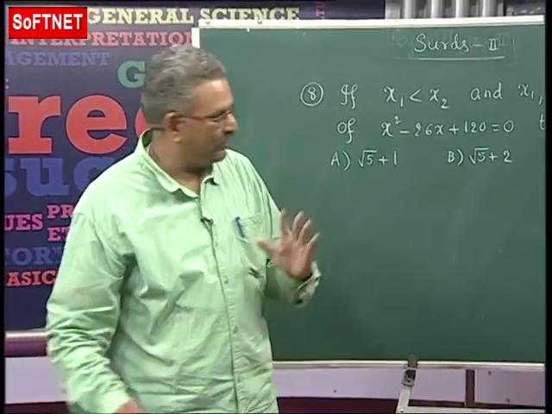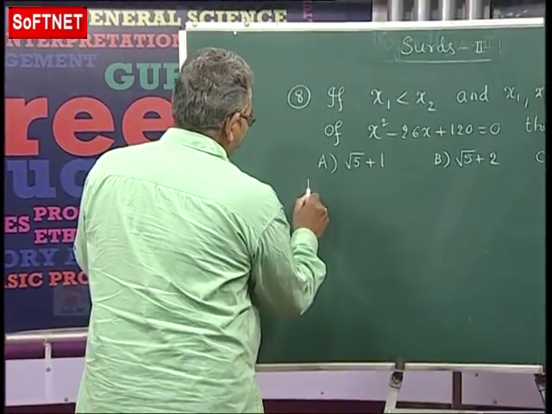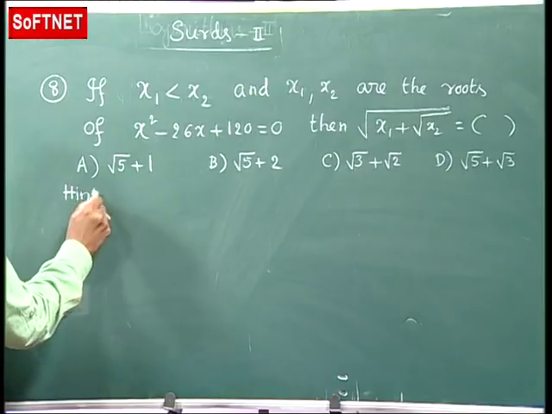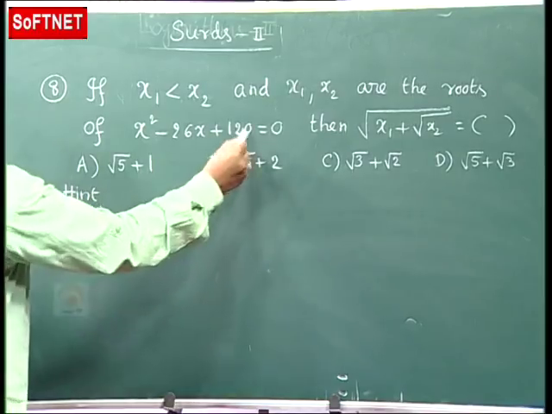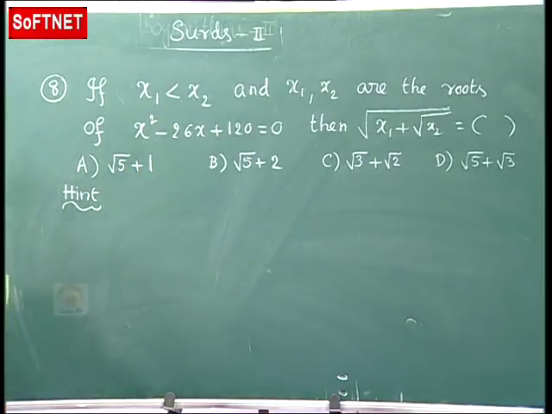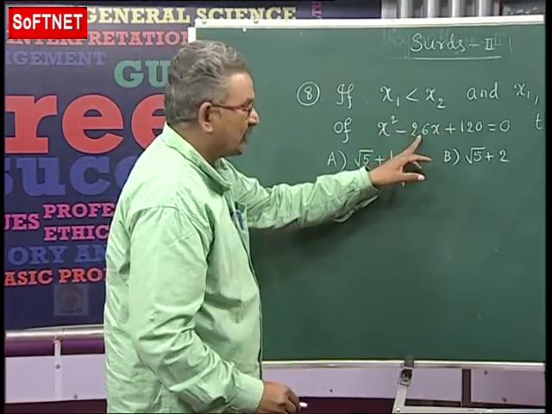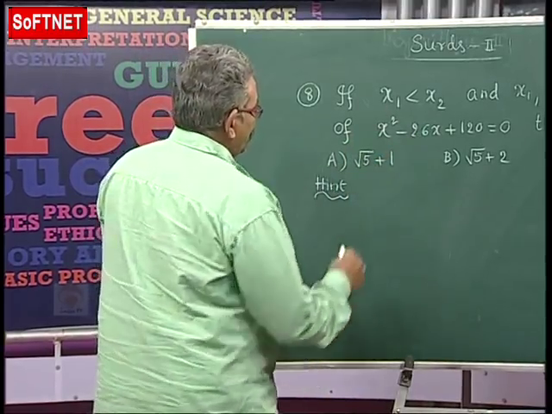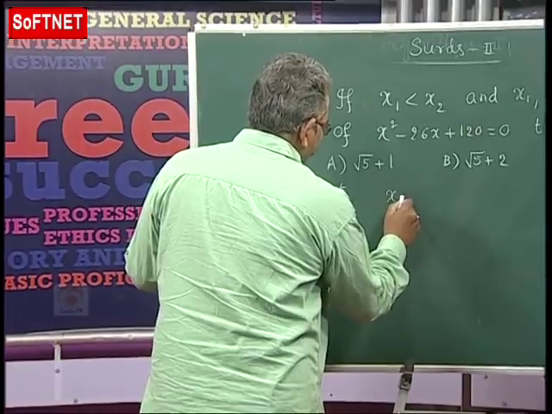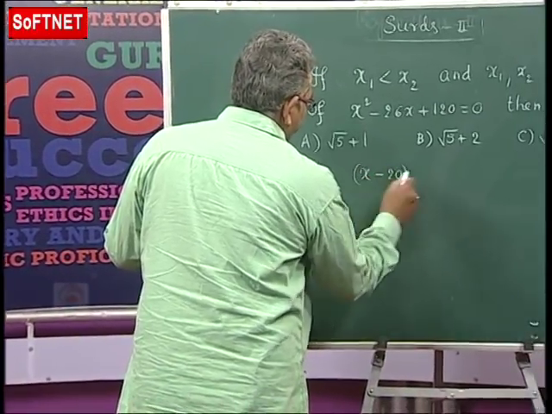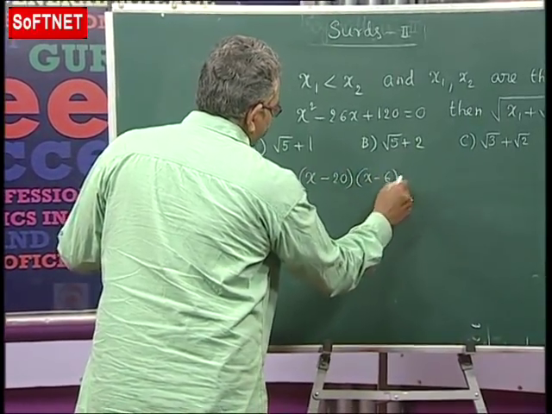So now here, 120, 20 into 6, this is 20 plus 6. So we can write this as x minus 20 into x minus 6 is equal to 0.